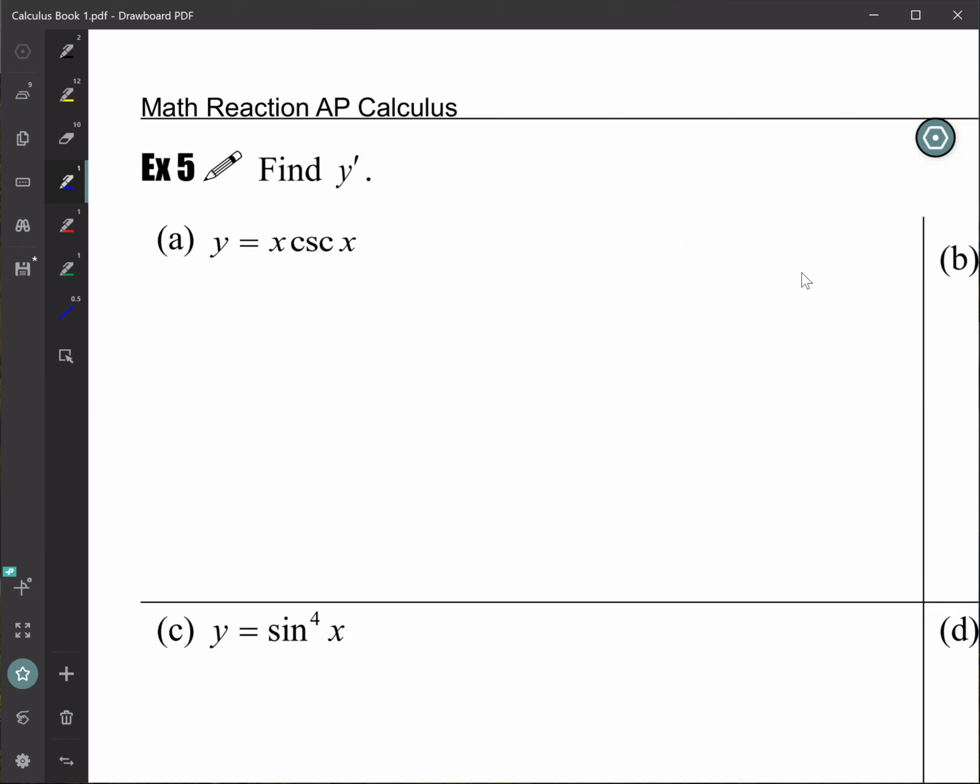Yep. And then secant prime, secant tangent. Yep. And then cotangent prime is cosecant squared. No, negative. Don't forget. Oh, right. Cotangent prime is negative cosecant squared. Yep. And cosecant prime is negative cosecant cotangent.